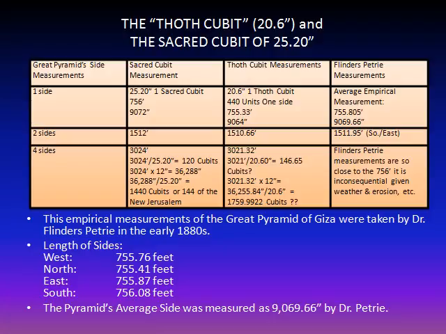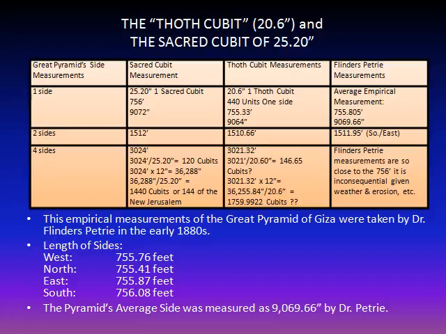In our next slide, we're going to be discussing the differences between the Toth cubit of 20.6 inches and the sacred cubit of 25.20 inches. There has been quite a bit of debate throughout the centuries, especially the last two, with regards to the measurements of the Great Pyramid of Giza.